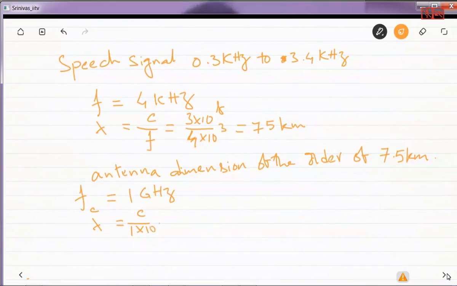So your antenna size will be just 0.3 meters if you operate at 1 gigahertz, which is quite affordable, right? This is one of the main reasons for going to a high frequency range for transmitting signals.